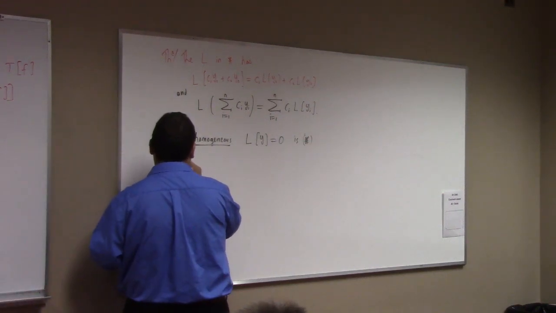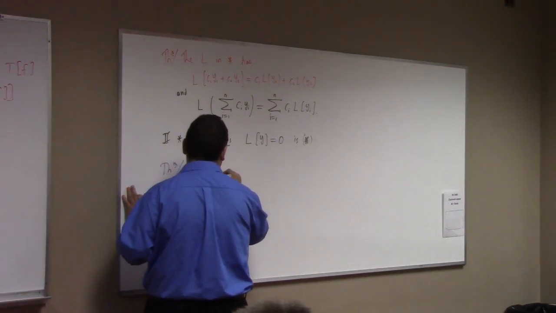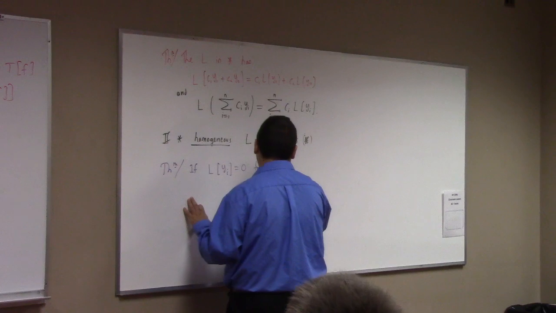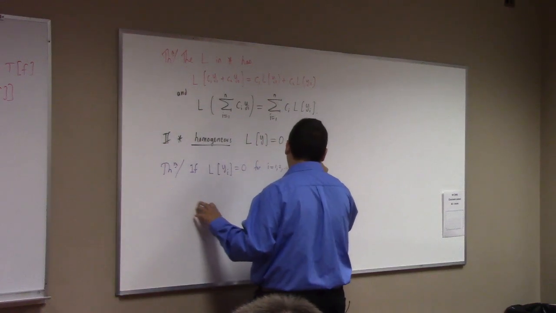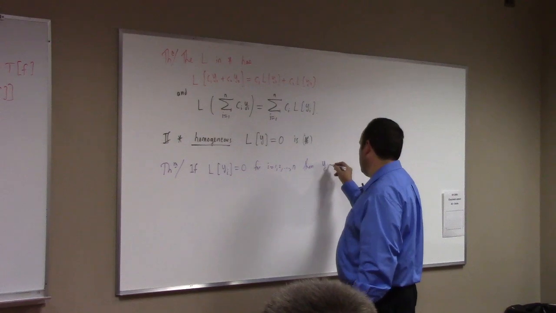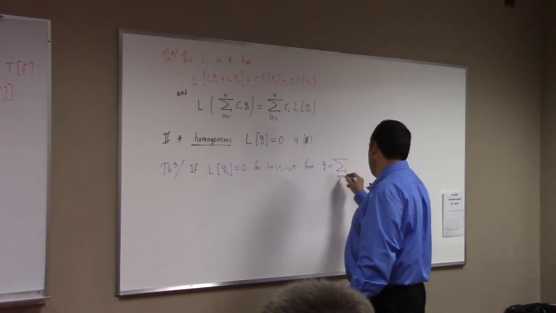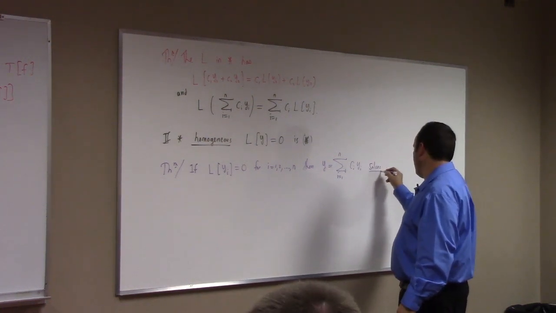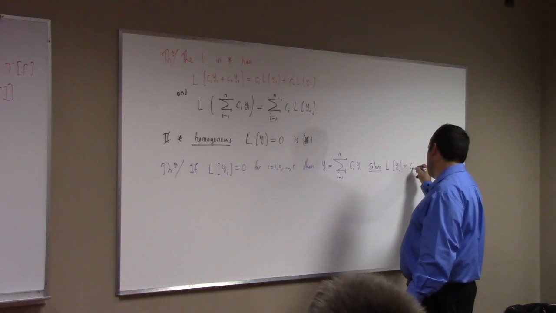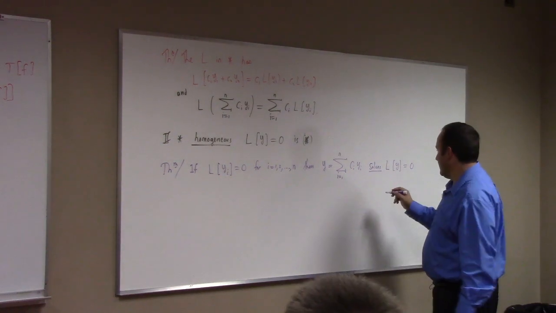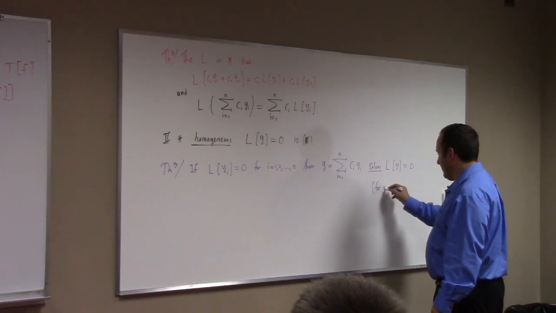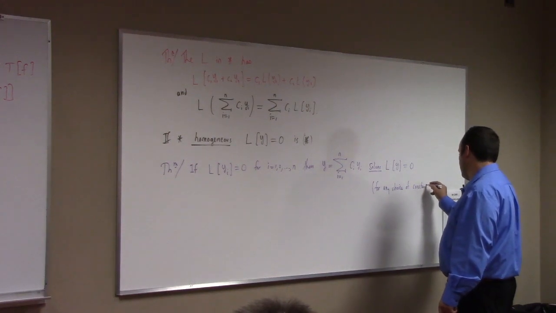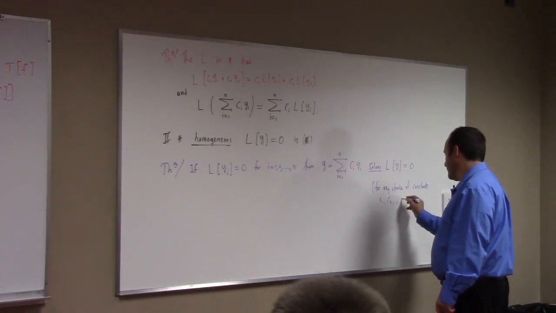Theorem: if L of yi equals 0 for i equals 1 to n, then guess what? y equals the sum, i equals 1 to n, of Ci Yi solves L of y equals 0 for any choice of constants C1, C2, Cn in the reals.